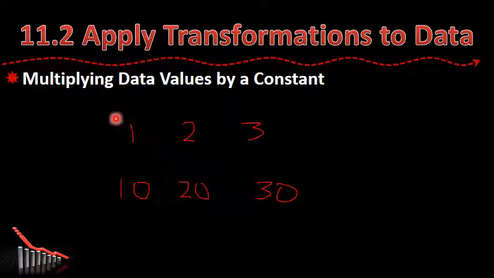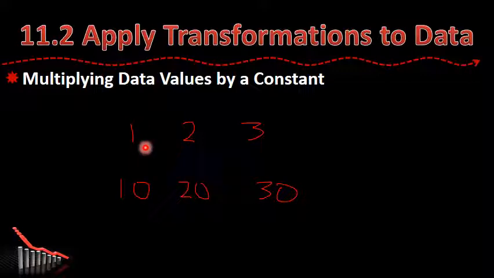For dispersion, between the 3 and the 1, for the range, 3 minus 1 is 2. The range on the bottom, 30 minus 10 is 20. Again, it's multiplied by 10. And the standard deviation, the average distance from the middle, is 1. 3 is 1 space from the 2, 1 is 1 space from the 2. Down below, it's 10. 30 is 10 spaces from the 20. 10 is 10 spaces from the 20.